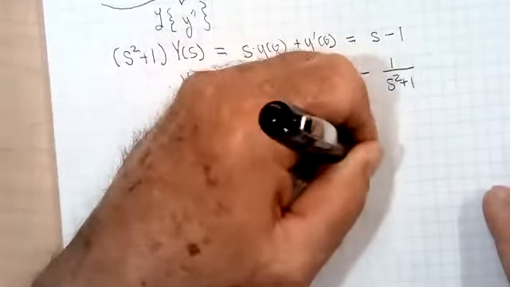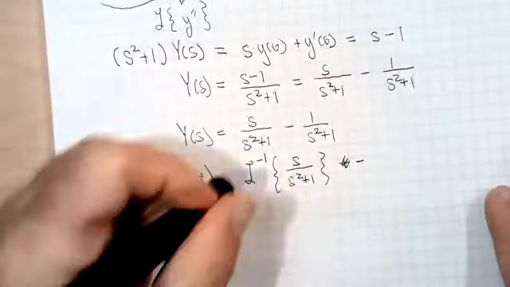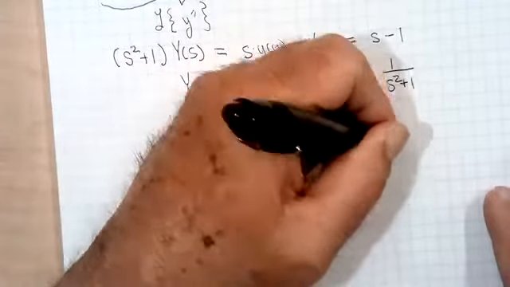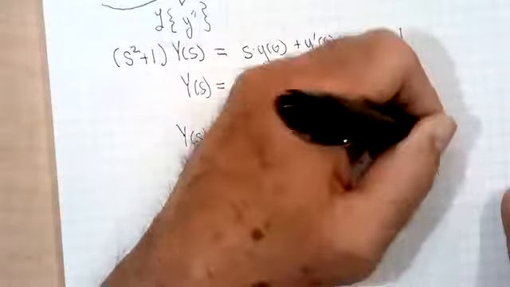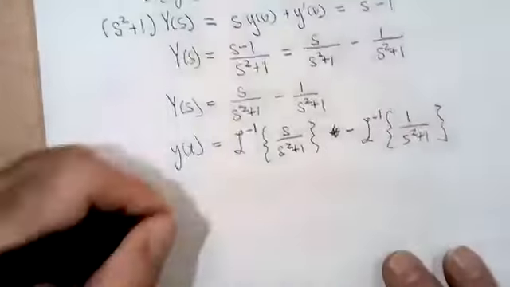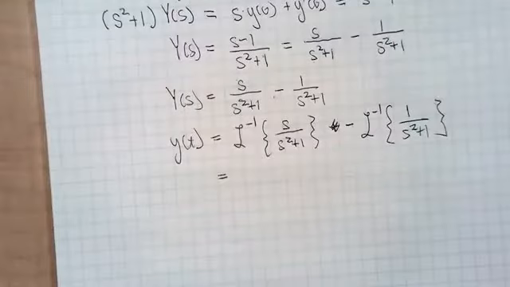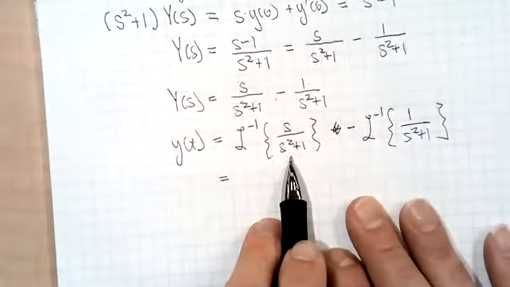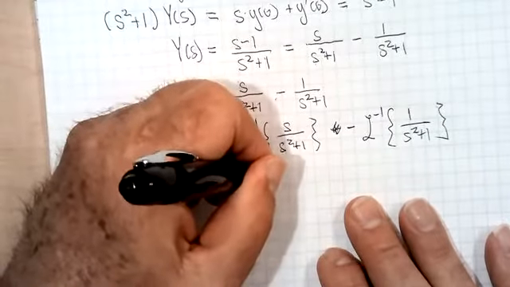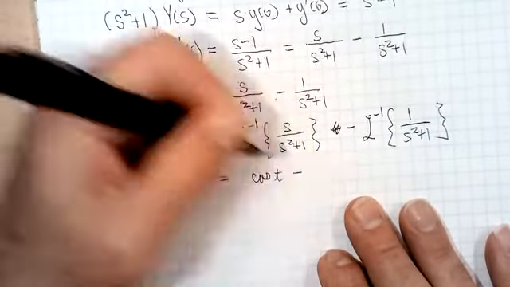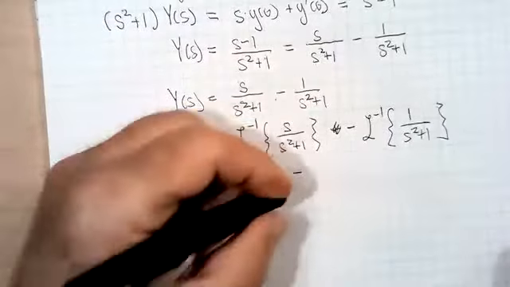I shouldn't say plus, it's minus, right? Minus inverse transform of 1 over s squared plus 1. And, well, the function that transforms to s over s squared plus 1 is cosine of t. And the function that transforms to this is sine of t.